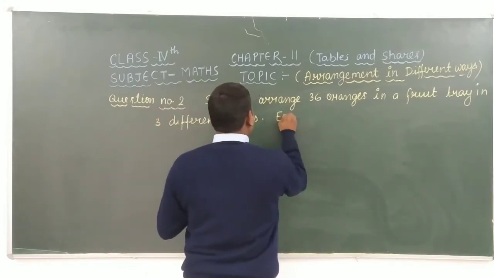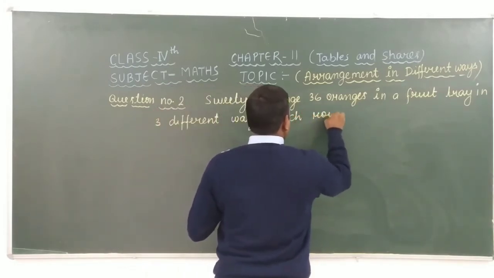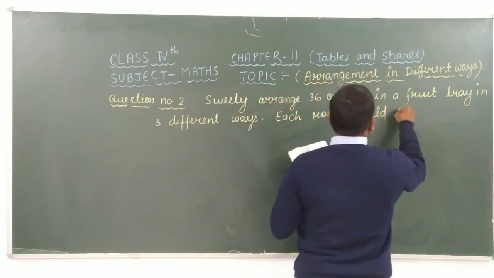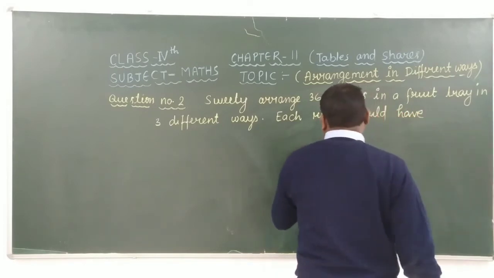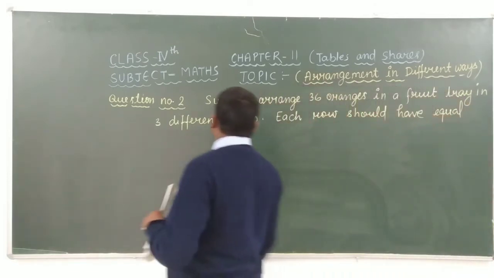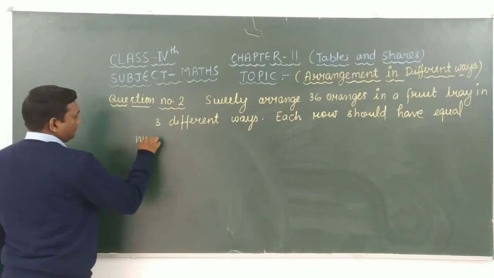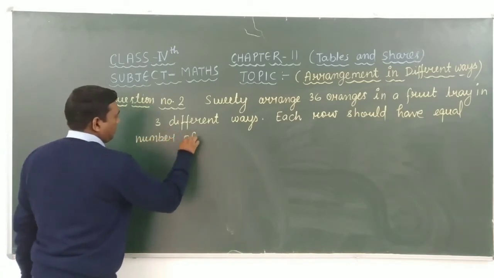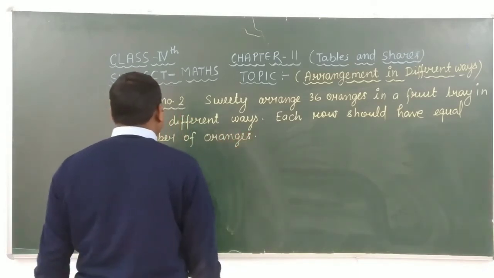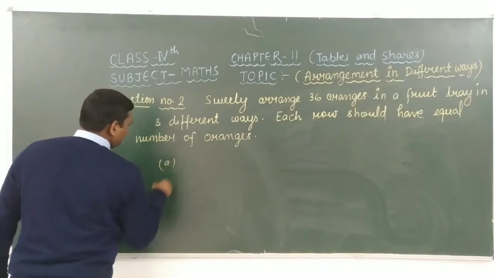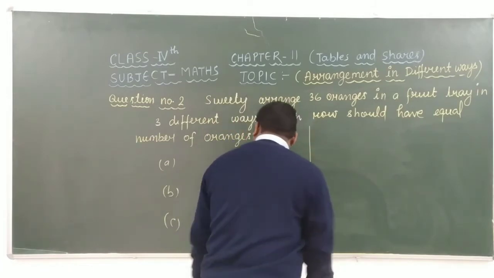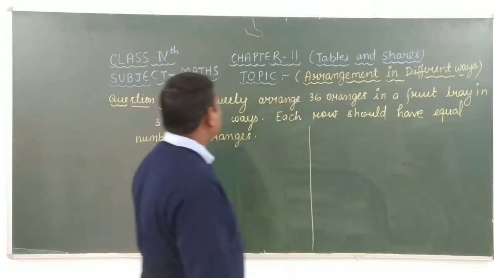Each row should have an equal number of oranges. Okay students, look carefully.